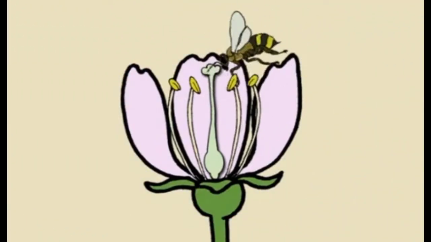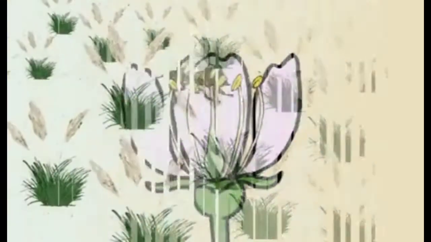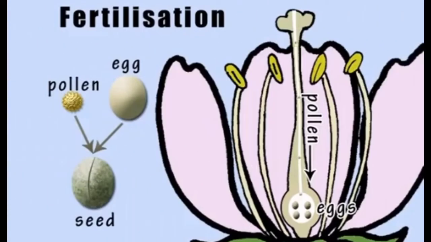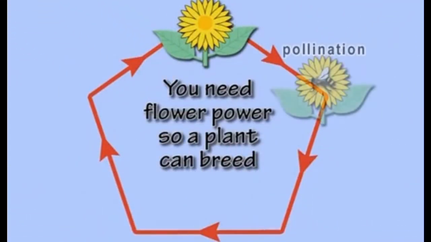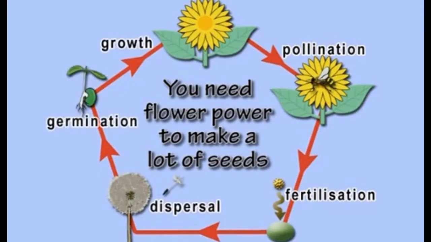Pollen can be carried by an insect or the breeze. If you are allergic, it can make you sneeze. It has to reach the stigma and the ovary. If it's ever gonna turn into a seed, you need flower power so a plant can breed.